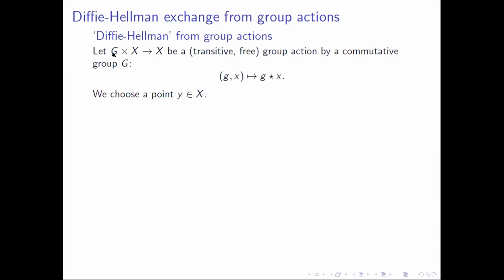So we have a group G, and we assume that it's commutative, and we have some set X, and we suppose that G acts on X by a free and transitive group action. We will denote it by the star. We can choose a point in X, so basically choosing the origin in the affine space.